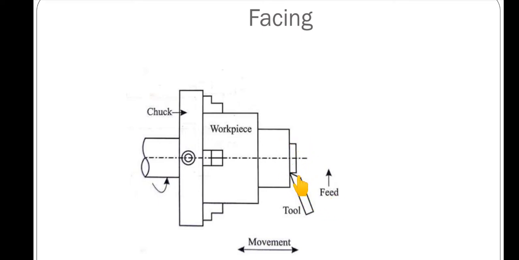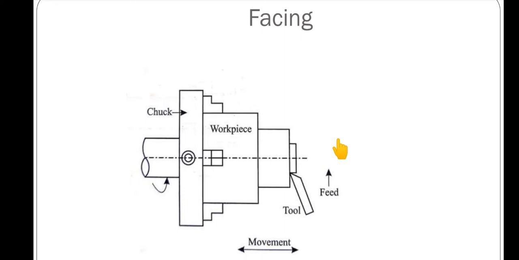So we remove the excess material and get a flat surface at one end of the workpiece. This is called the facing operation. Or if we want to reduce the length of the workpiece, we go for the facing operation.